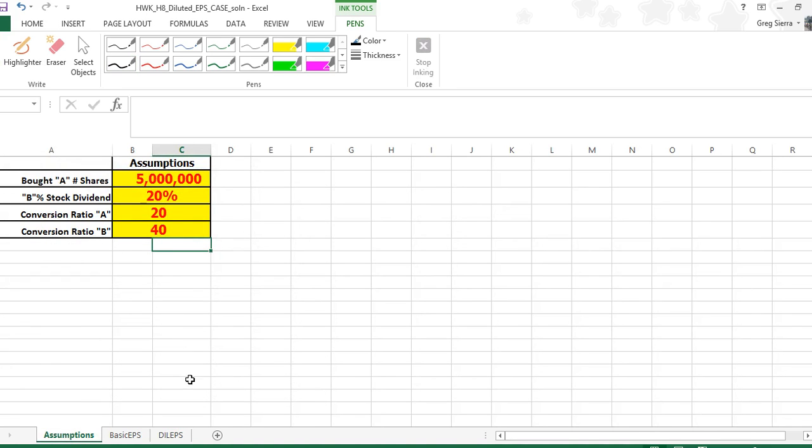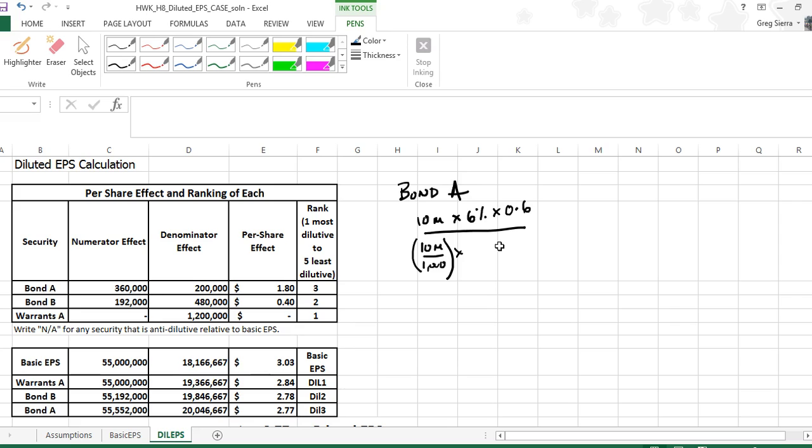Conversion ratio A was 20. So this is 360,000. 10 million over 1,000 is 10,000 times 20 should be 200,000. And hopefully that looks familiar to what I did on paper before. And that should be $1.80 per share effect. When you do these, you do want to save the numerator and the denominator. You're going to use them again if they're anti-dilutive.